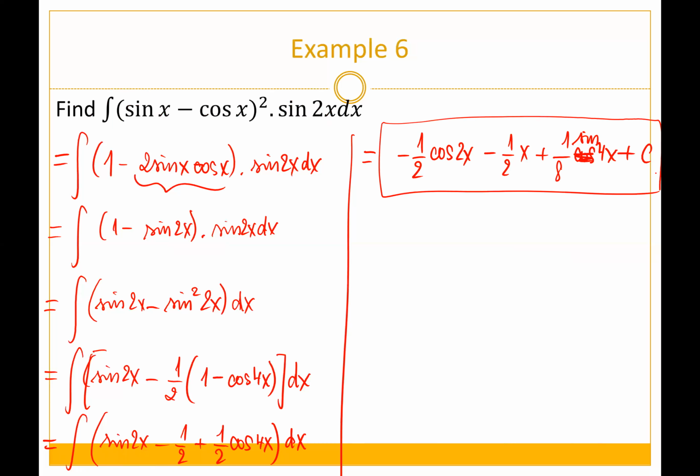And as you can see, we only need to use the double angle formula for both sine and cosine to solve this problem. So my message here is that sometimes you shouldn't overcomplicate the problem. There are problems where you have to use more than one technique, but there are problems where you don't even need to use any kind of technique.